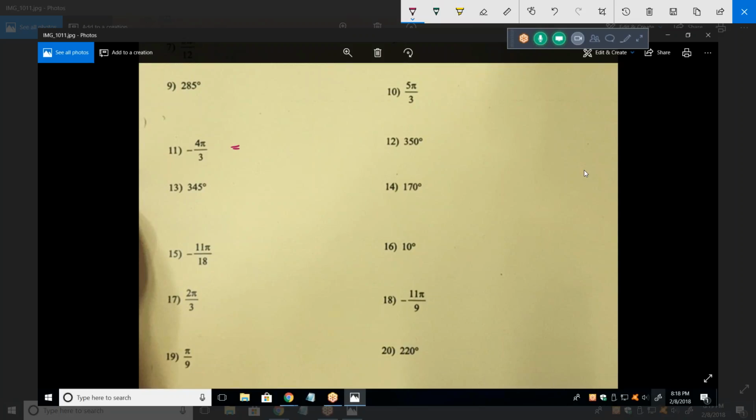In other words, if pi over 3 is 60, well, it's 4 times 60. That's 240. And it's always got degrees, and whatever that sign is, you make the answer that sign. It's as simple as that. In other words, the negative sign has no consequences for these particular problems.